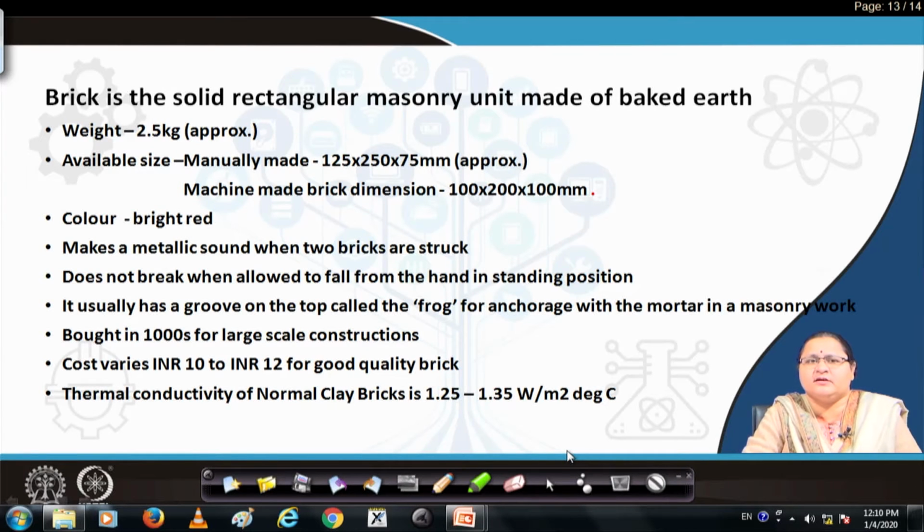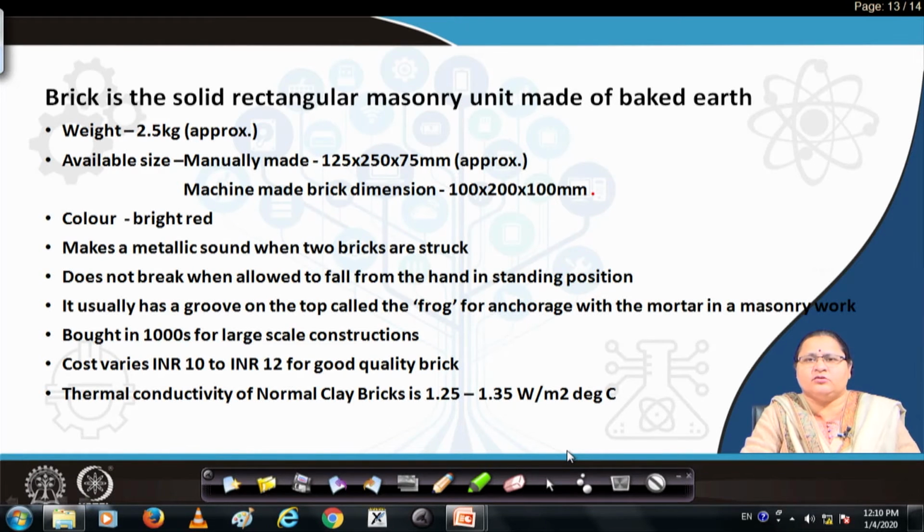Now, coming to the technical details, its thermal conductivity is 1.25 to 1.35 watt per meter per degree centigrade. It is a good resistant.